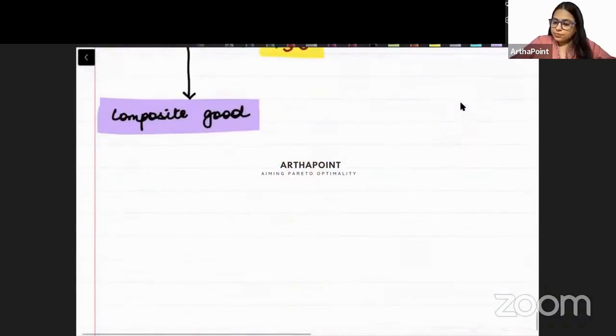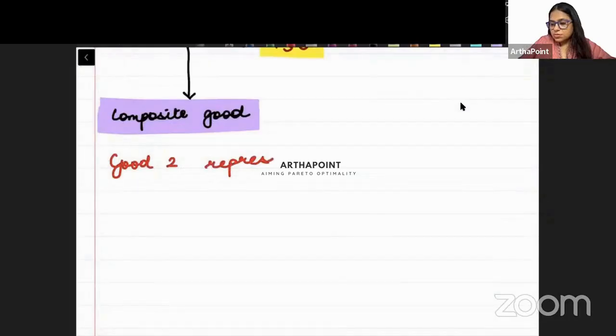So please write down. Good 2 represents composite good. What is a composite good, beta?